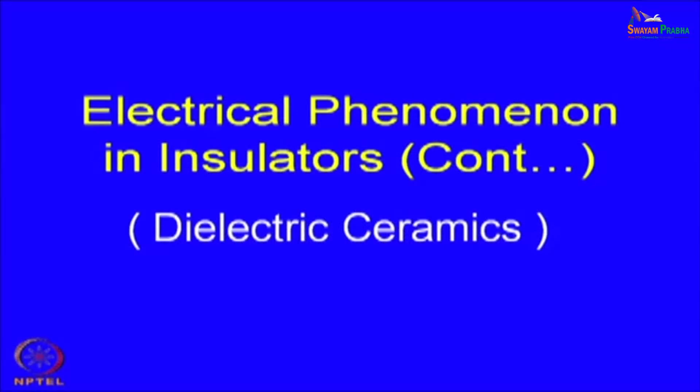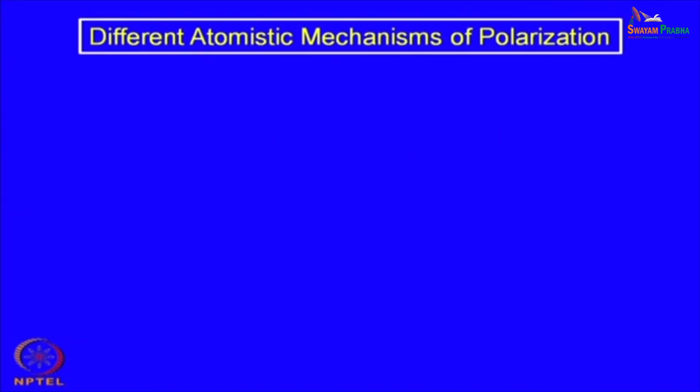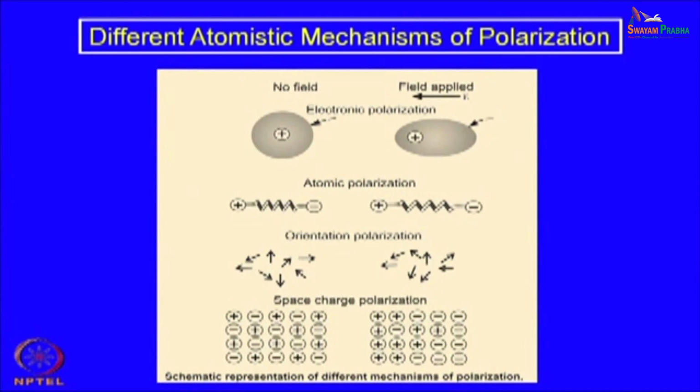We have discussed various aspects, various parameters of the dielectric phenomena, and also different atomistic mechanisms of polarization, because the dielectric constant actually arises from the polarization of the insulators under the influence of the external electric field, and there are very different mechanisms by which this polarization takes place.